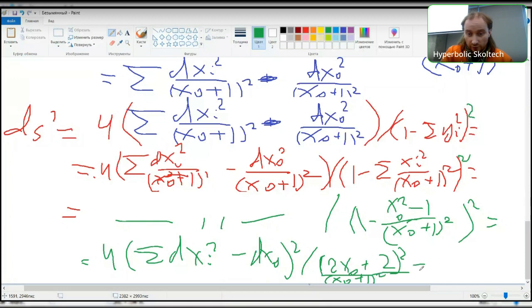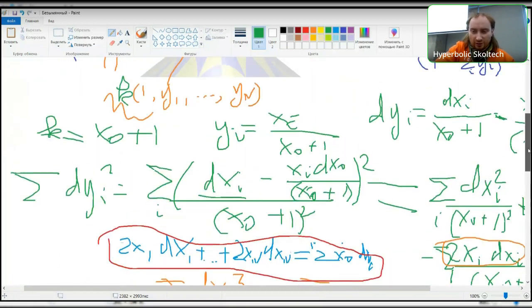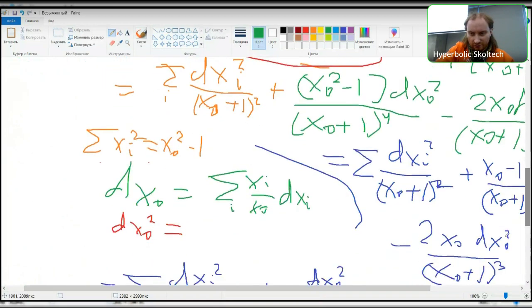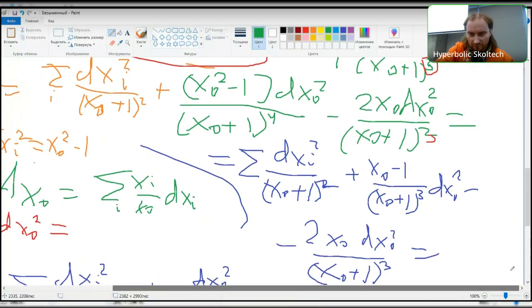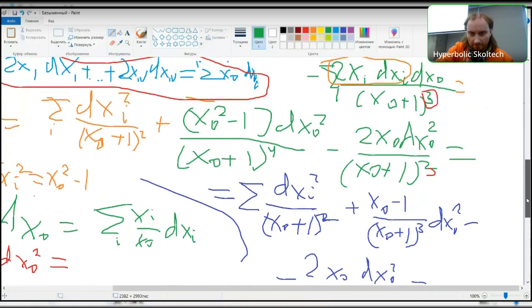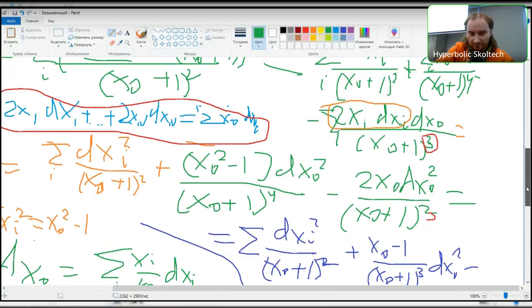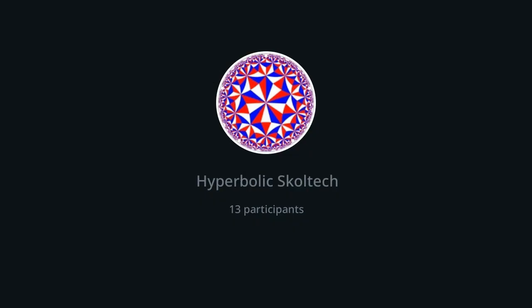Okay, so this is just equal to sum of dxi squared minus dx0 squared. Okay, I made a mistake.